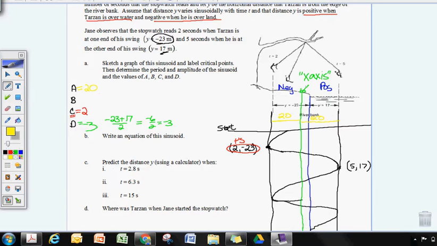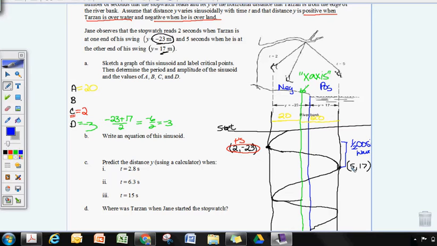Now the last one, you know it's going to take a little bit of work. So I know 2 points, and if I turn this sideways, this would be half of a cosine wave.